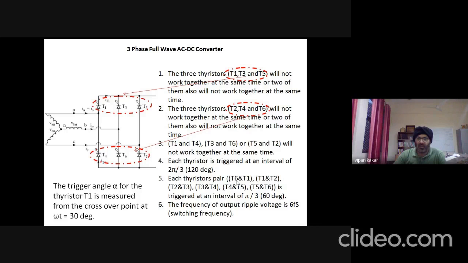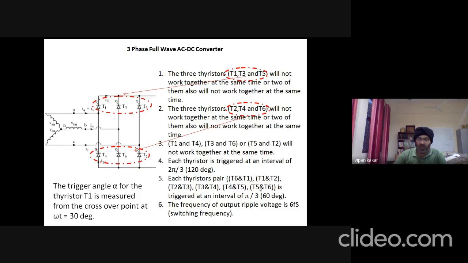So let's say if T6 and T1, which is one pair, is triggered, then the next pair should be triggered only after 60 degrees, not before that. And these pairs should be fixed. T6 should be paired with T1, then T1 with T2, and T2 with T3. Let's say T6 and T1 are conducting.